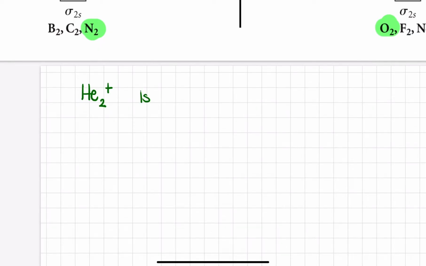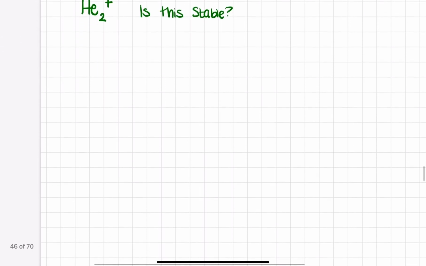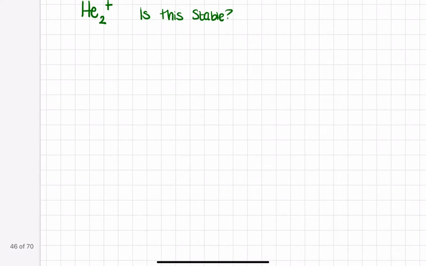Is this stable? We know that helium normally has 2 electrons.